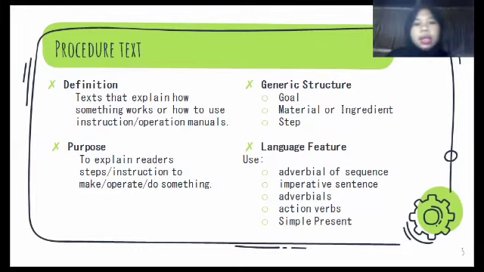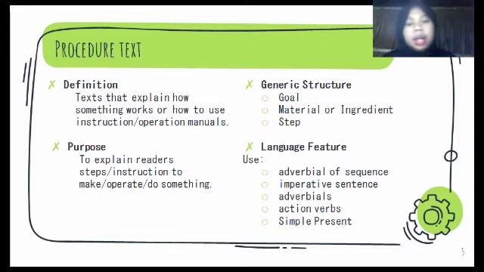And then the language features or the characteristics of the text. First is using adverbials of sequence or temporal conjunctions. For example, first, second, third, the last, next, finally, etc.